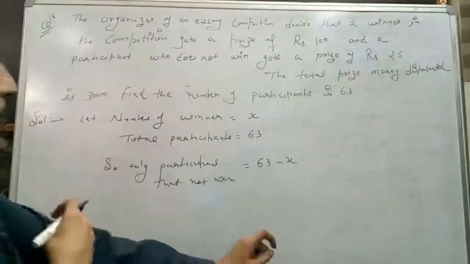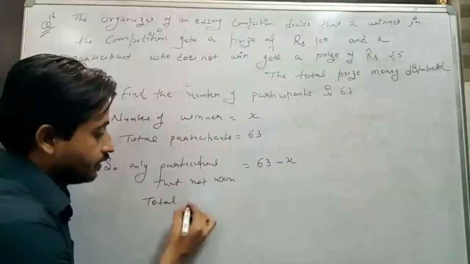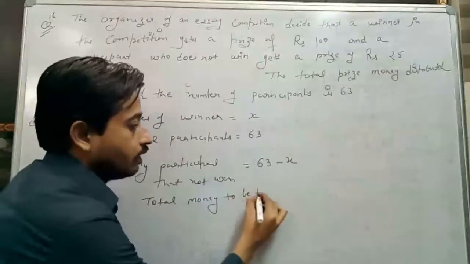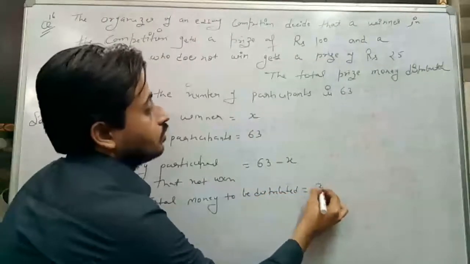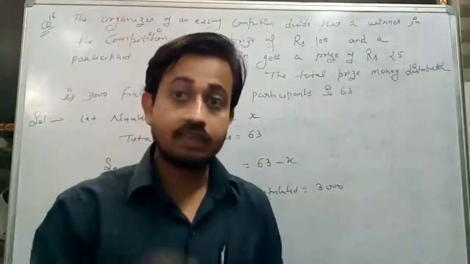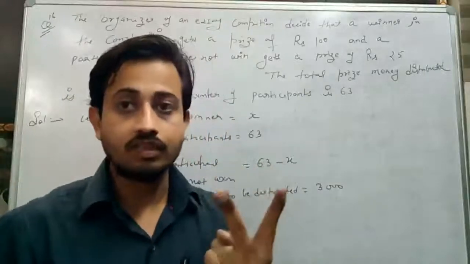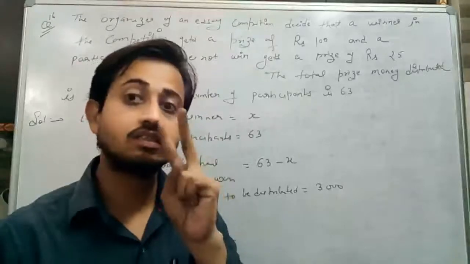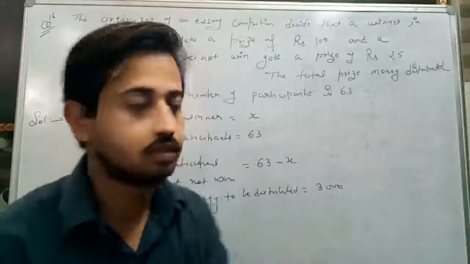So now we know we have total money to be distributed, which is equal to 3000. It means we have to distribute 3000, and this money is to be distributed to two types of participants. One is the winners and the second is the participants who did not win the essay competition.